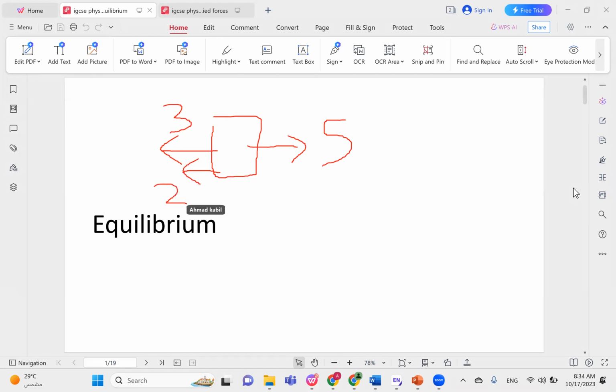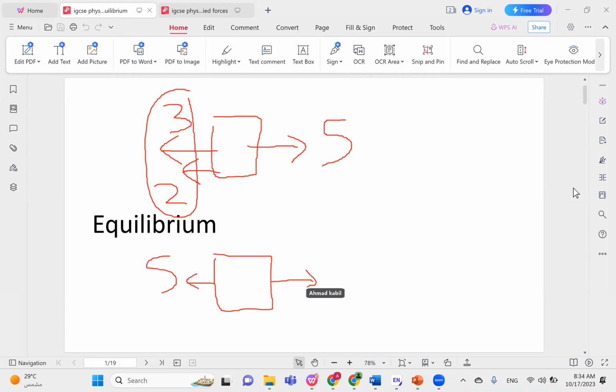So what is the sum of forces acting on this object? Since these two are acting in the same direction, I can basically add them together. So I have 5 to the left and 5 to the right. Therefore, this object is similar to an object where no forces are acting whatsoever, because 5 to the right cancels out with 5 to the left.